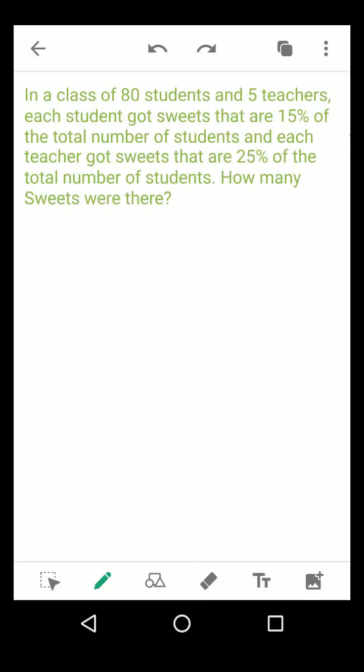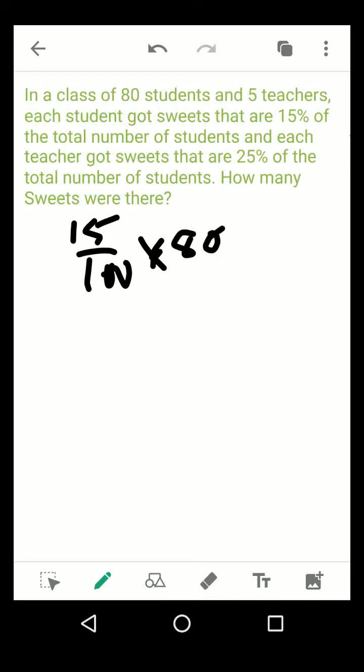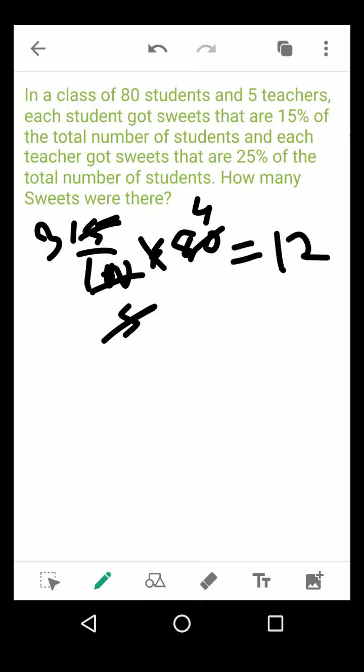That is, each student got sweets of 15% of the total number of students. The total number of students is 80. 15% of the total number of students is 15 by 100 into 80. So 2 fours are 8, 2 fives are 10, 5 ones are 5, 5 threes are 15, 3 fours are 12. 12 sweets are distributed to each student.